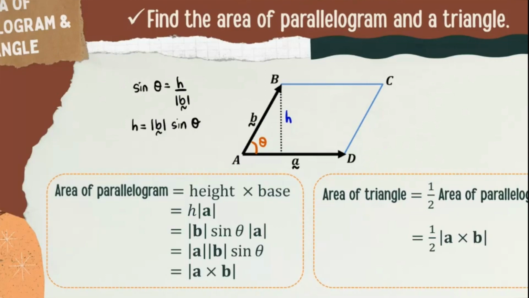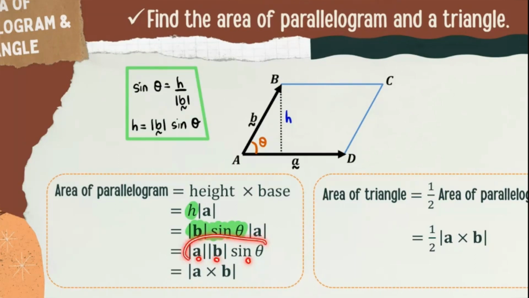So from here we can change H to magnitude of B sin theta from this formula. Okay, so this is the reason. Then when we rearrange, we get magnitude A multiplied by magnitude B sin theta.